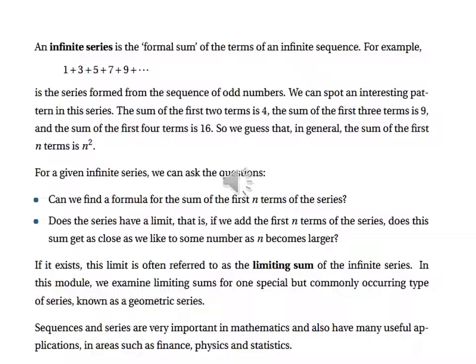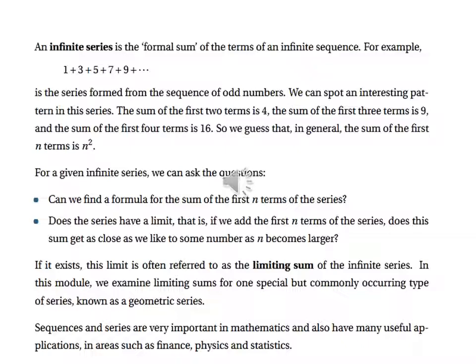For a given infinite sequence, we can ask the questions: can we find a formula for the general term of the sequence? Does the sequence have a limit? That is, do the numbers in the sequence get as close as we like to some number? If we can find the limit of the sequence, we call it convergent, otherwise divergent.